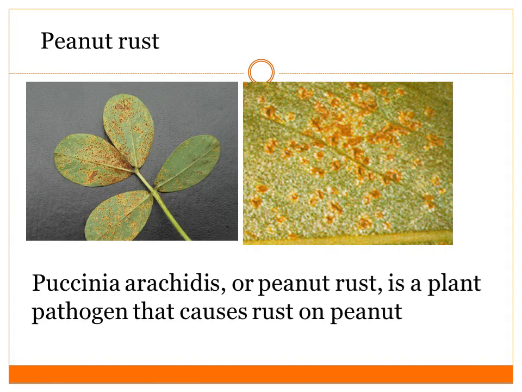Another disease is the peanut rust. You can see in this picture that it looks like rust. Puccinia arachidis, or peanut rust, is a plant pathogen that causes rust on peanut. This is an economically important biotic stress that significantly reduces the pod and fodder yield and oil quality.